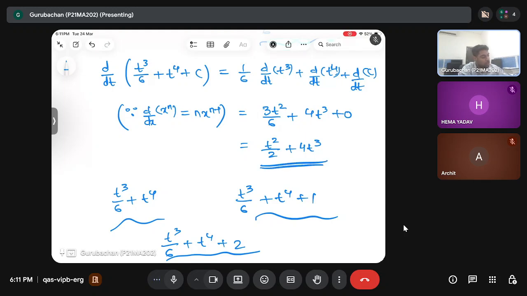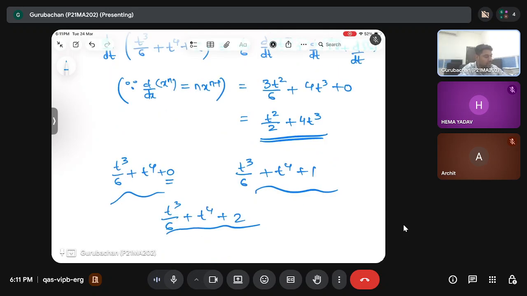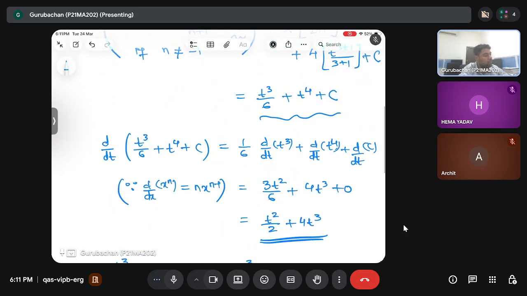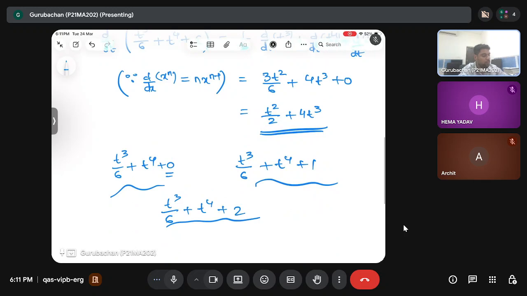The reason is that the addition of a constant will not impact the integrand, because the differentiation of a scalar is 0. Thus, to be on the safe side and to be general, we add an arbitrary constant. Is it clear?